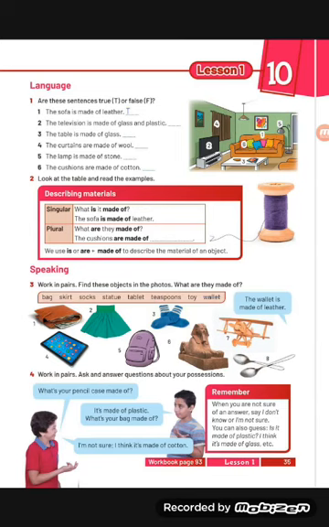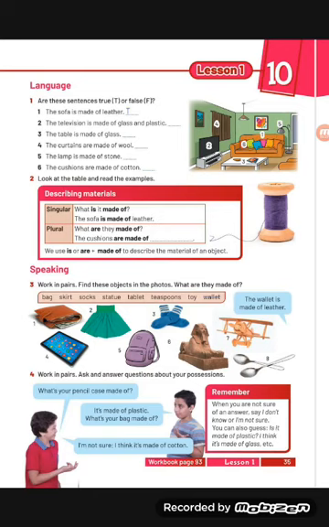Yes, that's false. The lamp is usually made of what? Yes, it's made of glass. Number six, the cushions are made of cotton. What do you think? Yes, that's true. They are usually made of cotton to be comfortable.